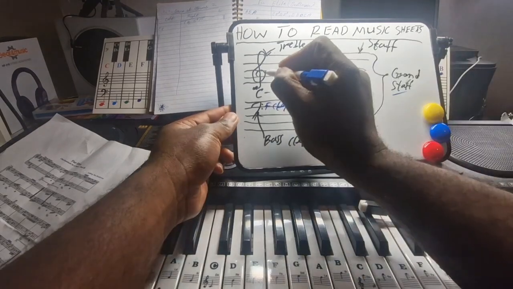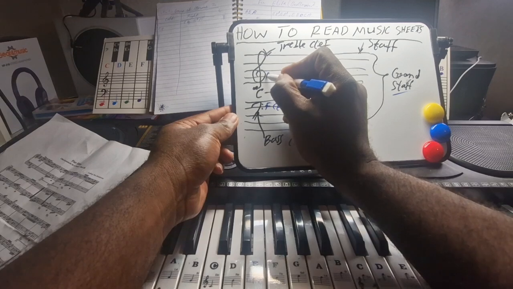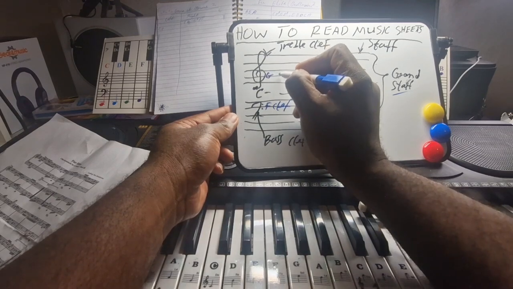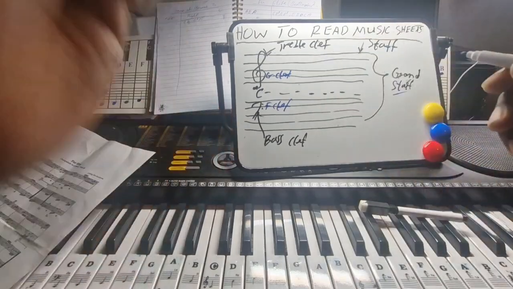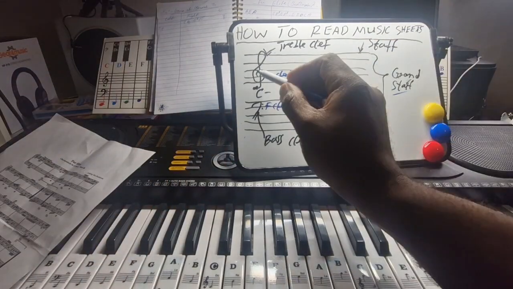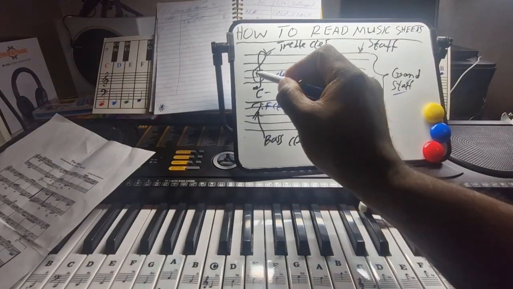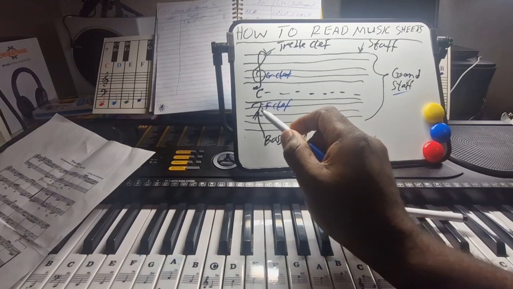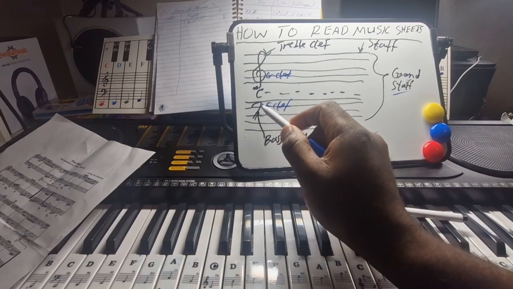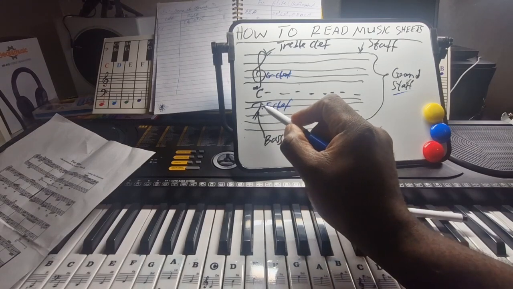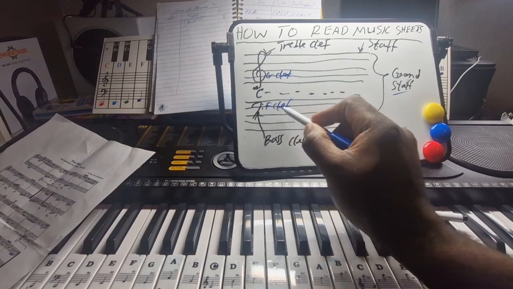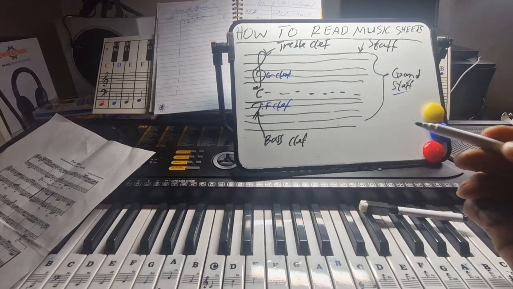The F clef. And this one is called the G clef, because it looks like a G here, and of course this is a G. F clef because it looks like an F at this junction, and of course it's the letter F. However, we'll come to that.